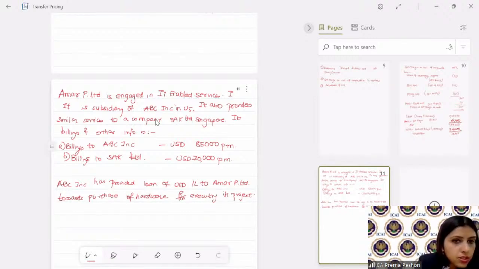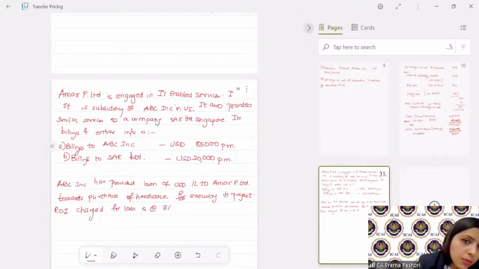Rate of interest charged for the loan is at 3% per annum.